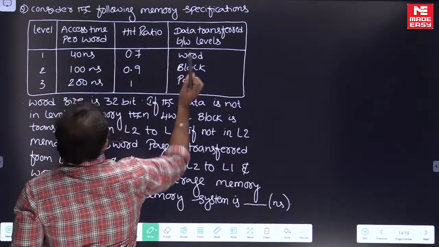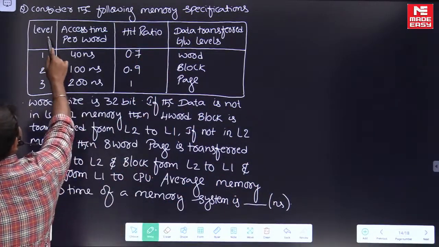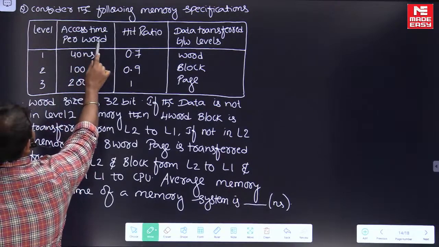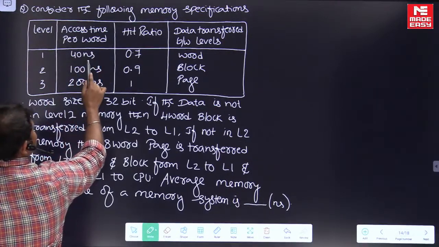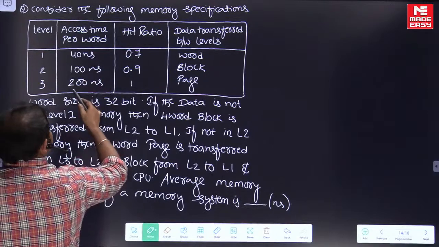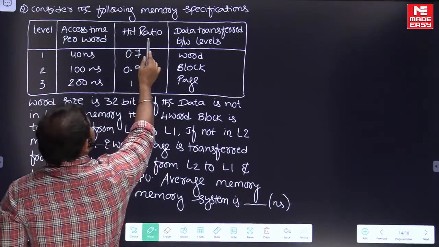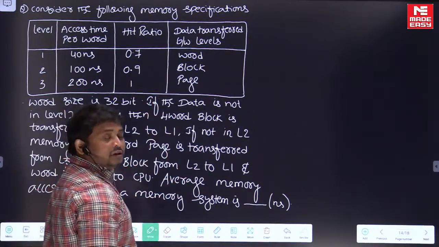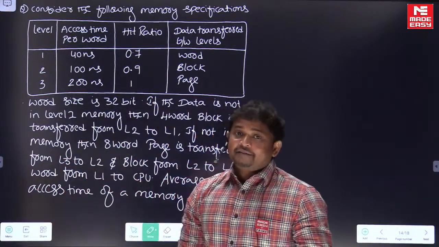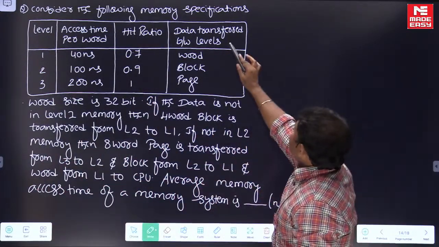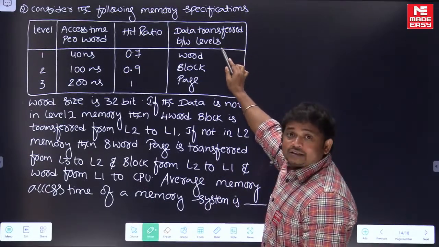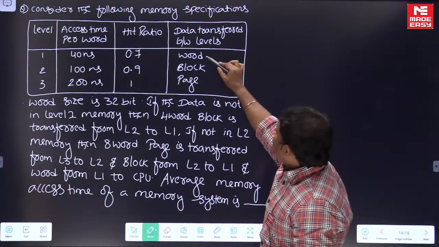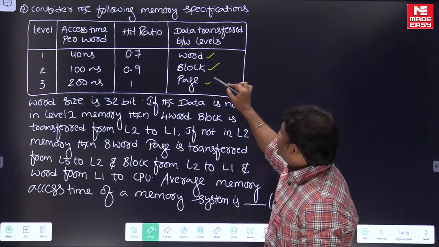Consider the following memory specifications. Three levels are given, with the accessing time per word. Hit ratios are 0.7, 0.9, and 1 for level 1, level 2, and level 3. The data transferred between the levels is given as word transmission, block transmission, and page transmission.